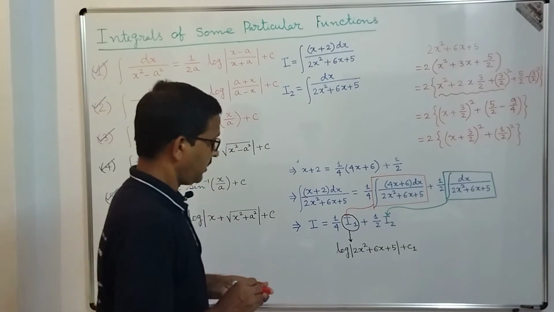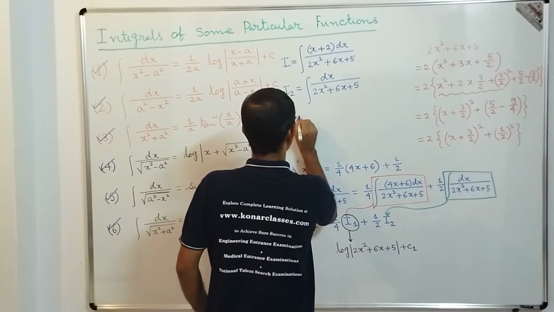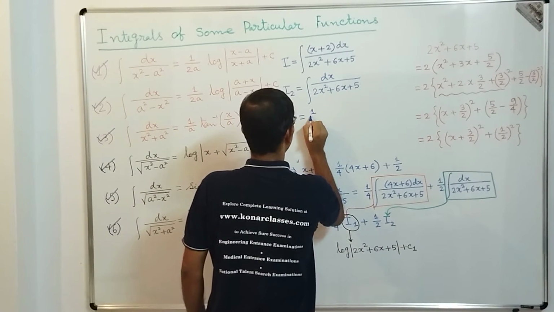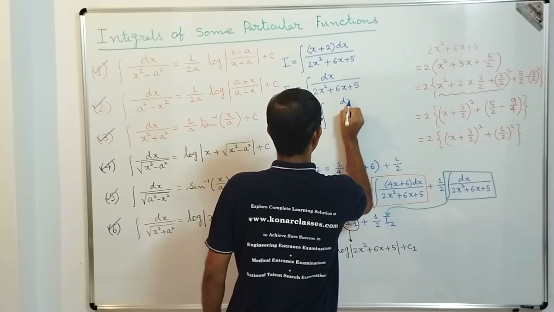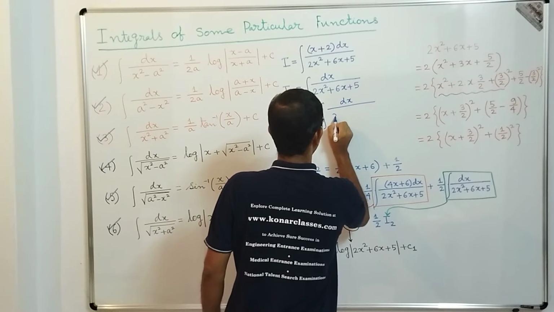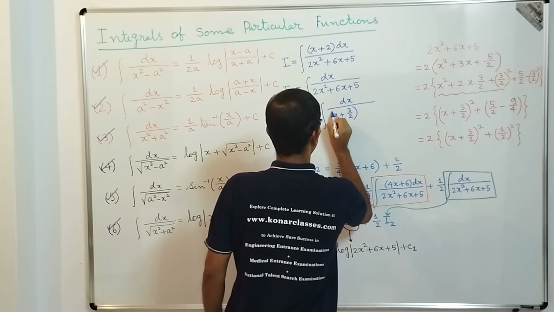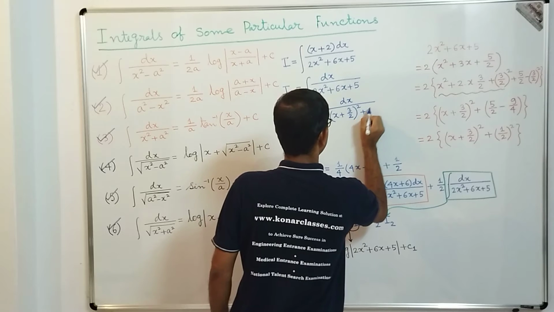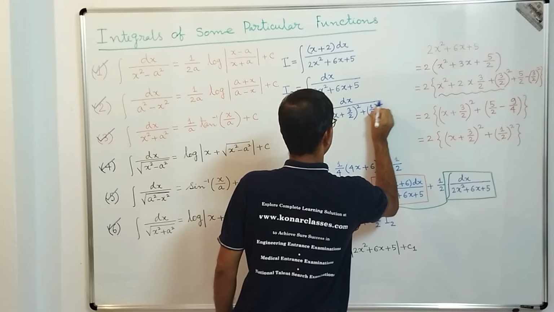So now what we can do here, this is equal to 1 by 2 integration dx by x plus 3 by 2 whole square plus 1 by 2 whole square, correct?